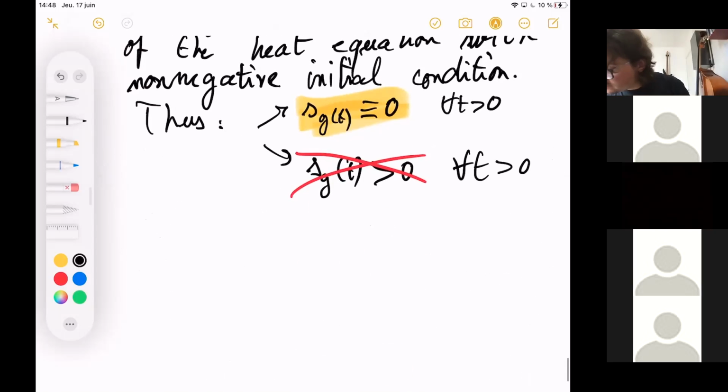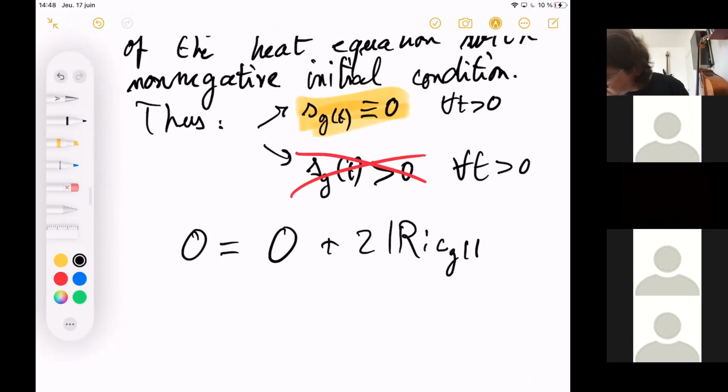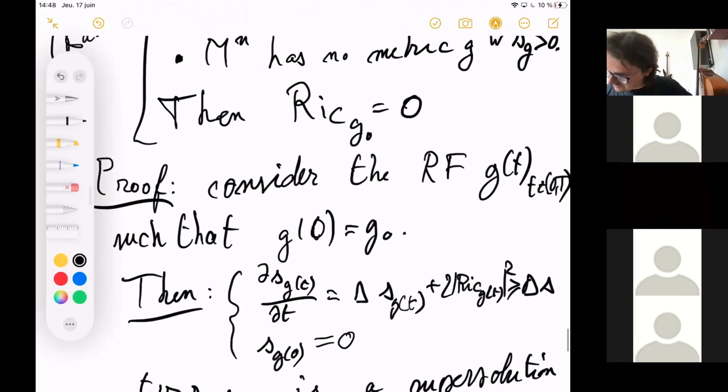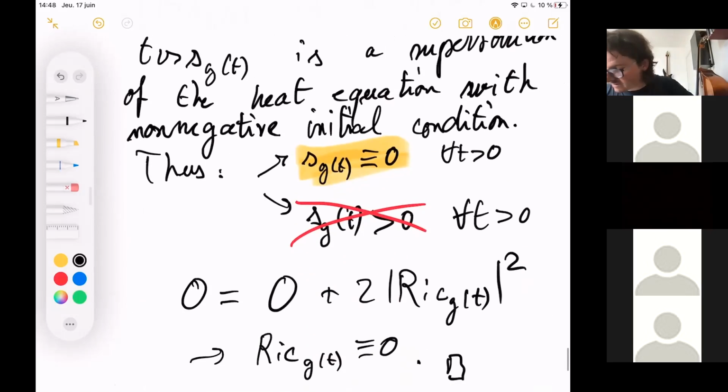The time derivative of the scalar curvature is equal to the Laplacian of the scalar curvature plus twice the norm of the Ricci curvature squared, and the Ricci curvature of g(t) is equal to 0, and then you let t go to 0. Nobody's moving once Ricci is equal to 0. Okay, so that gave a proof of a geometric result using Ricci flow and the maximum principle.